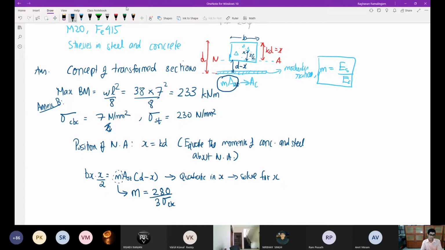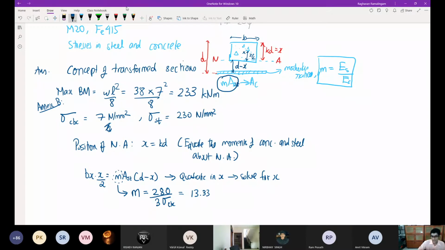Modular ratio of any given grade of concrete is 280 divided by 3 sigma CBC. So what is m? 280 is a constant, 3 is a constant, sigma CBC is 7. How much do you get for m? 13.33.